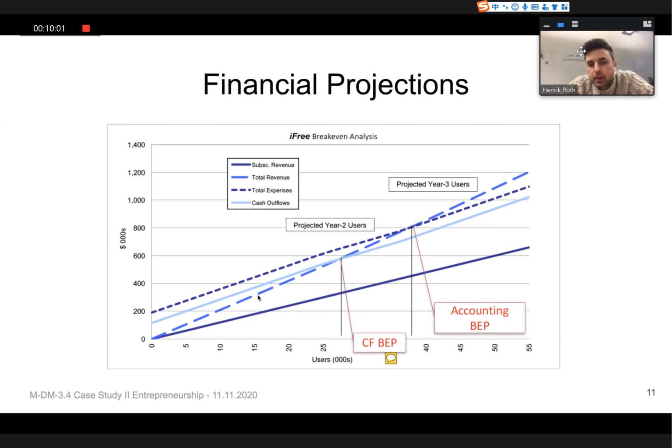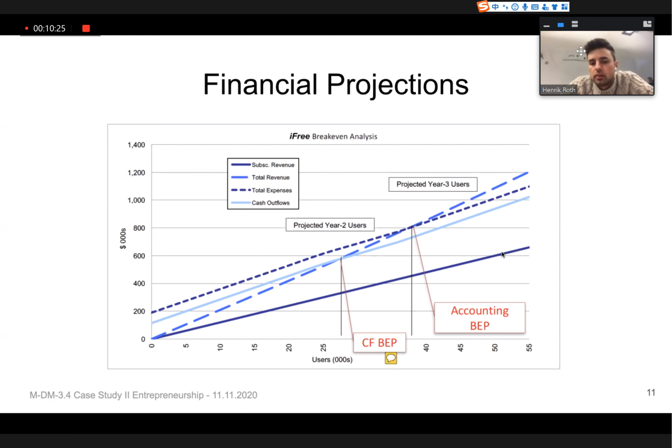This dotted line here, the dark blue one, that is the total revenue. The total revenue per month, I think, not sure. And this violet line here is the subscription revenue.